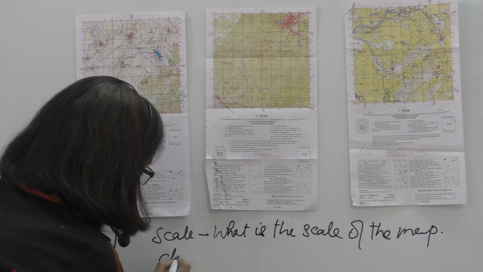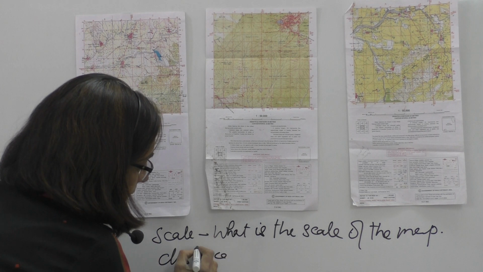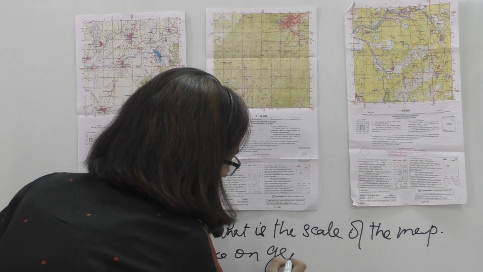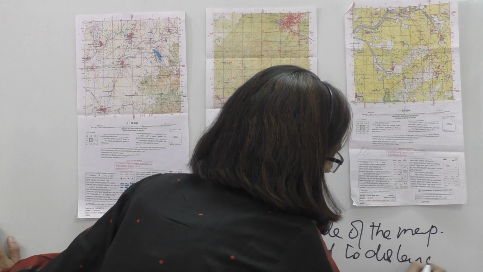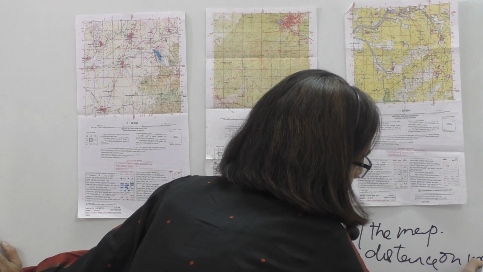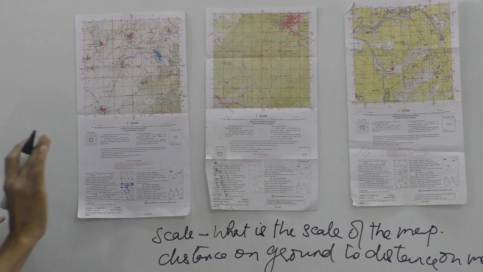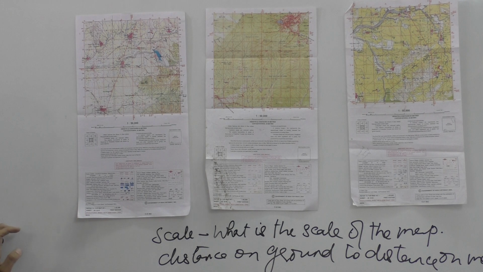So you'll say: distance on ground to distance on map.